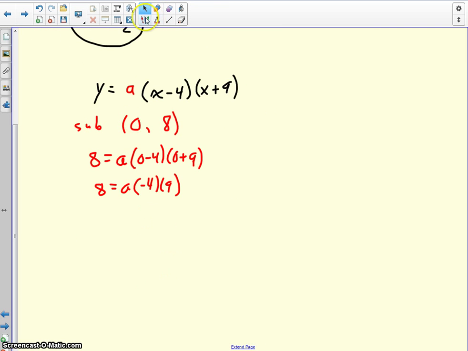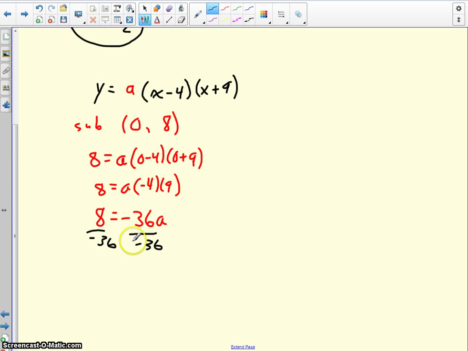Some algebra here to solve will tell me that this is going to be negative 36a on the right-hand side of the equation. Divide both sides of the equation by negative 36. And that's going to give me, once I simplify, negative 2 over 9. Okay, so that's my a value. So that gives me my equation.